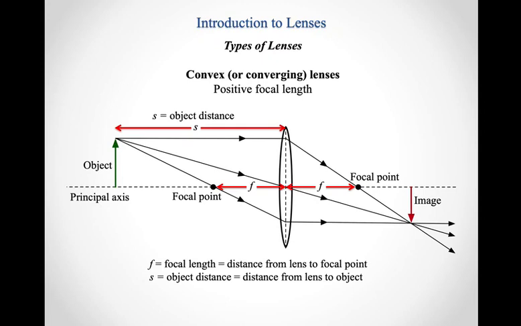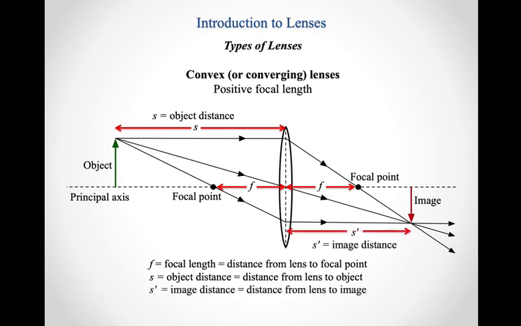So it's the distance from the lens to the object. The second one is the distance from the lens to the image. So we have an object distance that we're going to use S to describe, we have an image distance that we're going to use S prime. Again, notice that all three of these lengths are horizontal lengths defined from the lens. So from the lens to the focal point, from the lens to the object, from the lens to the image.